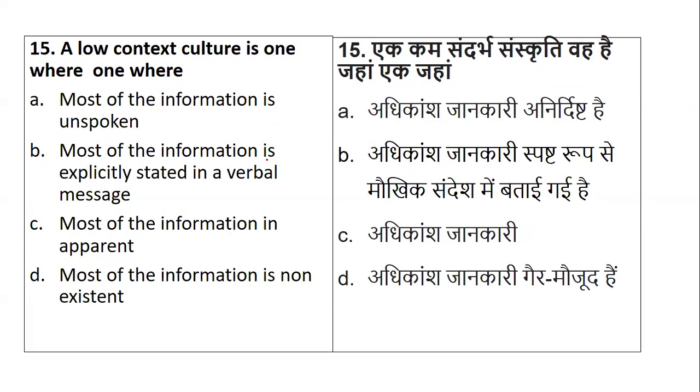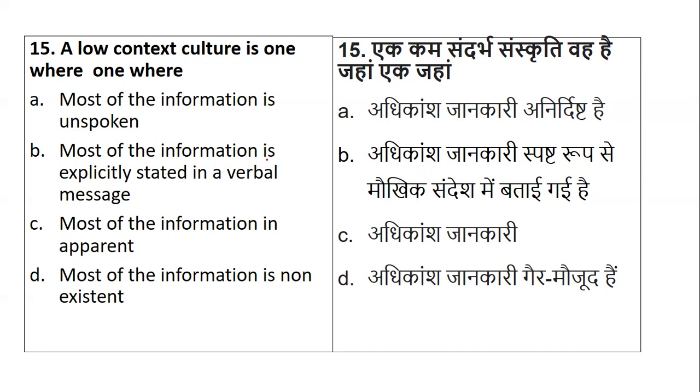Next one. This is a very important concept which I want every one of you to understand. When we talk about a low context or high context culture, we'll understand it. That's the reason I have brought up this communication cycle once again, because these are two important concepts I wanted you to know. So let's see.